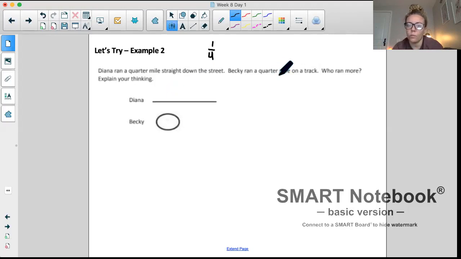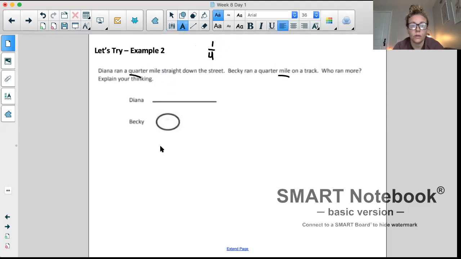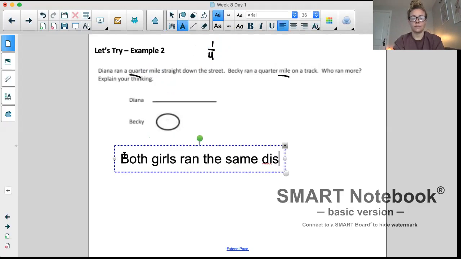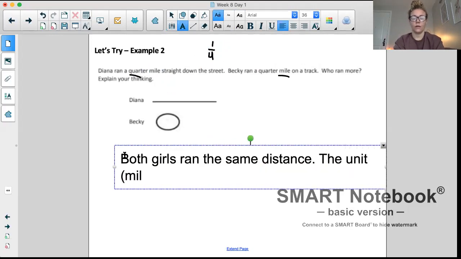If the unit is the same, we're talking about a mile, and they both ran a quarter mile, which we already said is 1/4 mile. These two girls ran the same. So we can say both girls ran the same distance. Unit, miles.